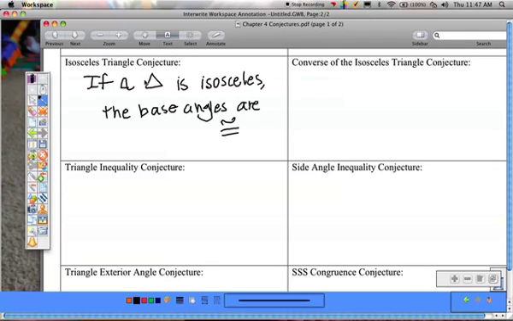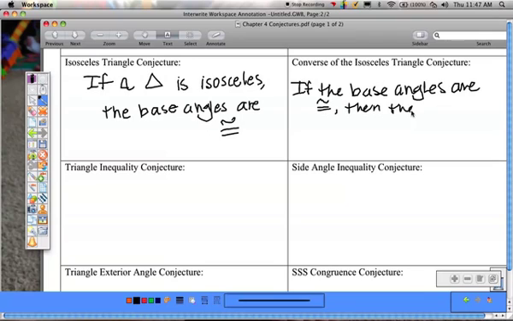The converse is switch the order, so if the base angles are congruent, then the triangle is isosceles.